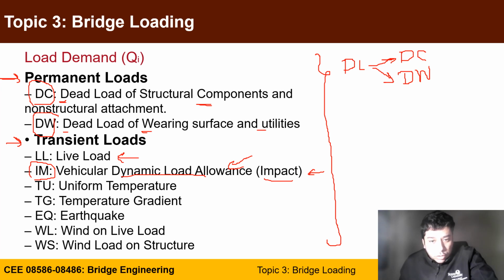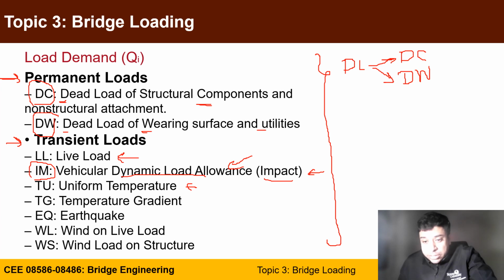We also have uniform temperatures. Remember, our bridges are exposed to the environment. We are here in a cold region. Sometimes in some regions you can have variation in temperature.